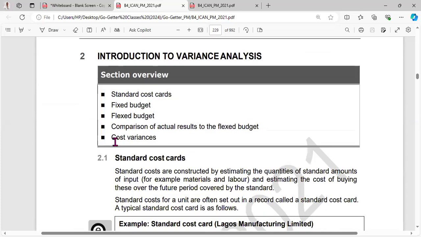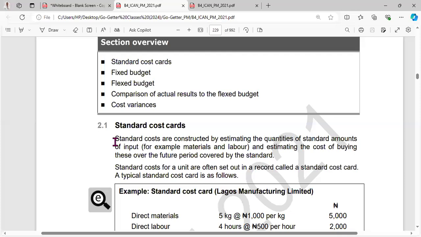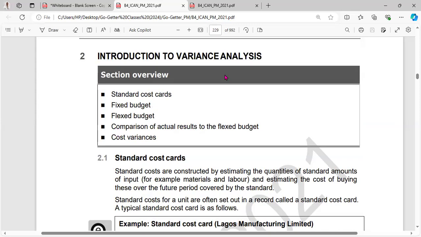So now let's go to the second phase, which is where we will wrap up for today. The second phase is the introduction to variance analysis. Now, if you notice here, I don't want to rush you into this topic.